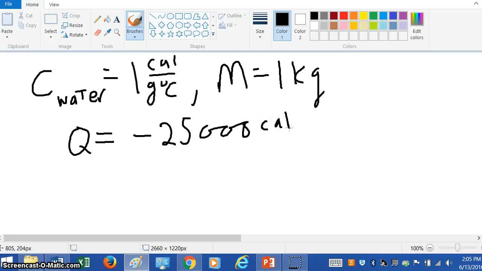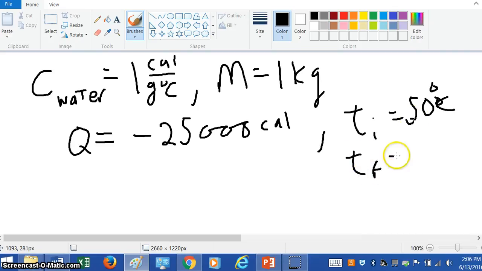So we remove that much heat, and let's say our initial temperature, T initial, is 50 degrees. So it's halfway to the boiling point on the Celsius scale. Whoops, that should be a C. Alright, so 50 degrees Celsius is our initial temperature, and the question is, what's the final temperature?